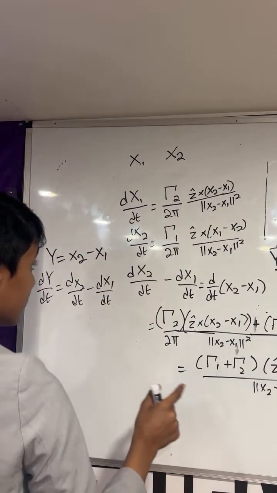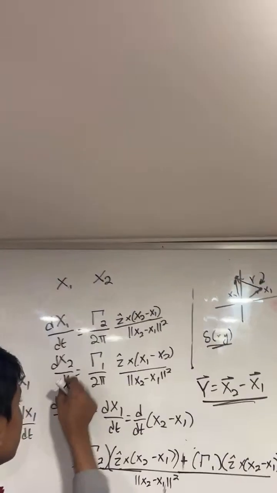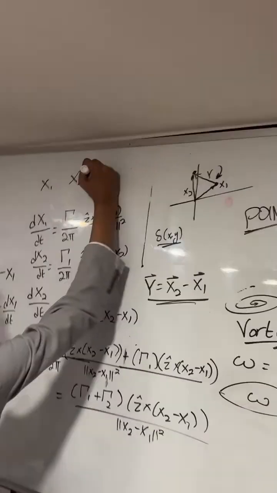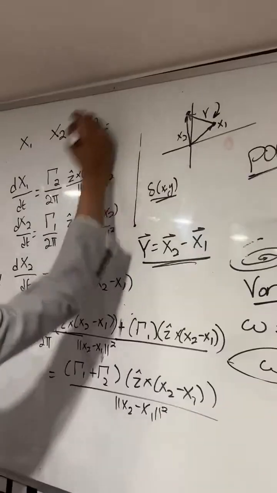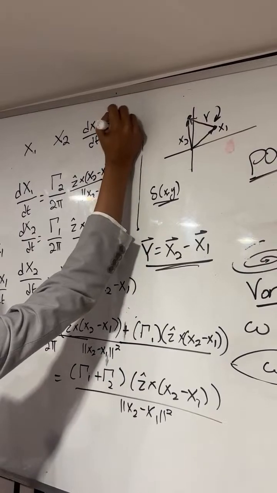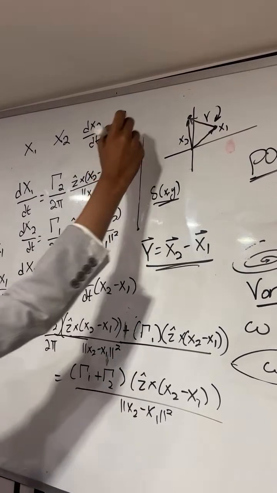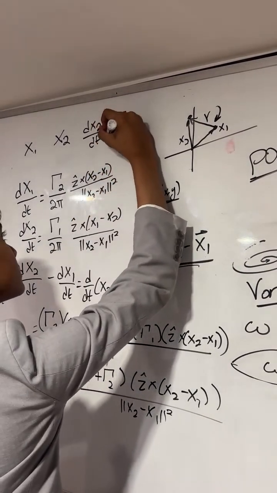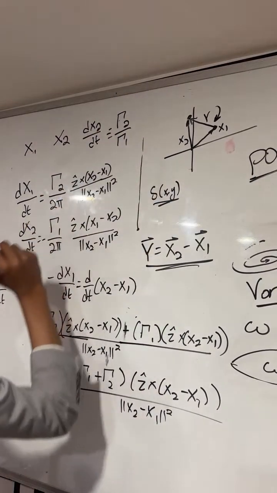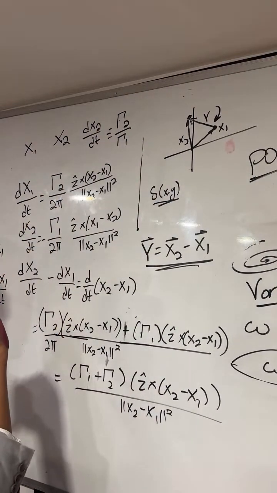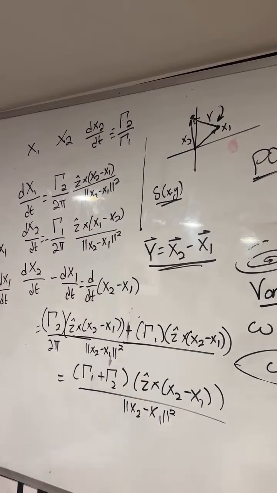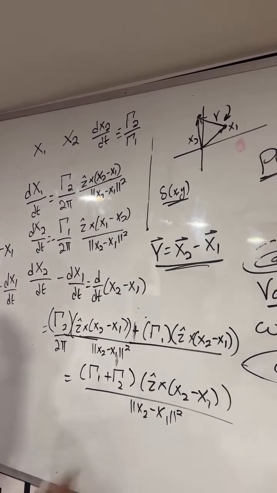Now recall that dx2 dt appears to be exactly circulation 2 over circulation 1 multiplied by a negative. So the negative, great.